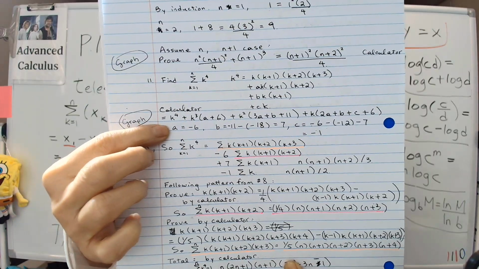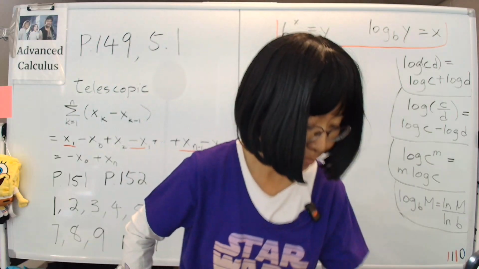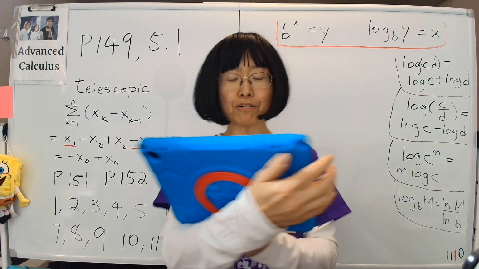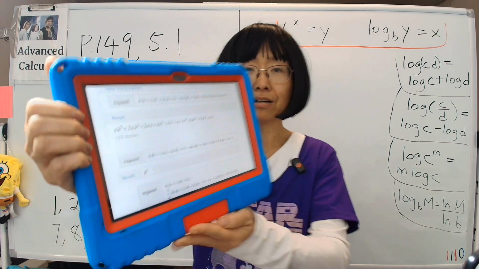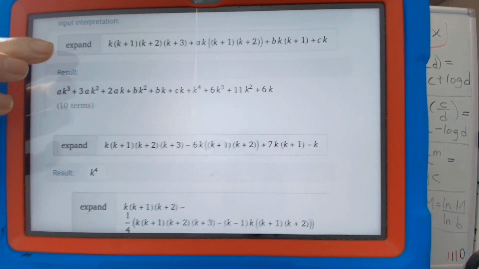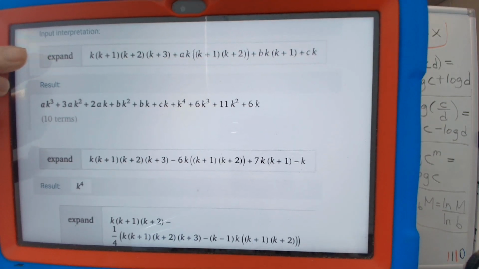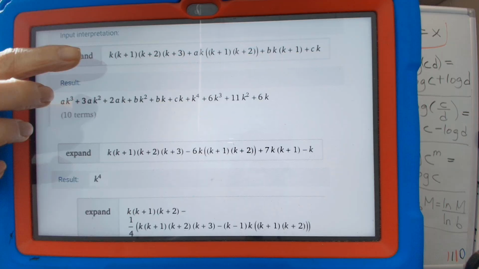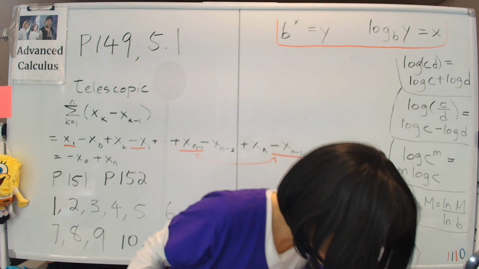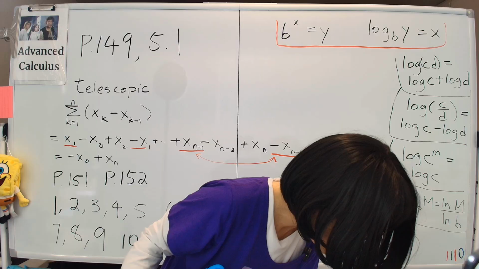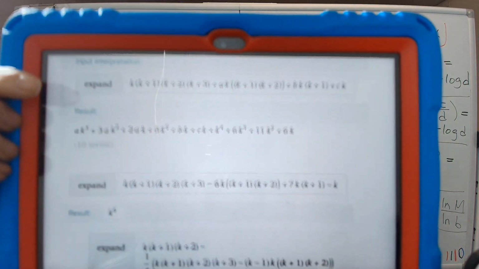So I used the calculator and got this. Let me show you what the calculator said. This is the Wolfram calculator, Wolfram Alpha. I have the link below. I used the expand function, where I typed in this expression with A, B, and C. I think I typed it in, and this is the whole thing.